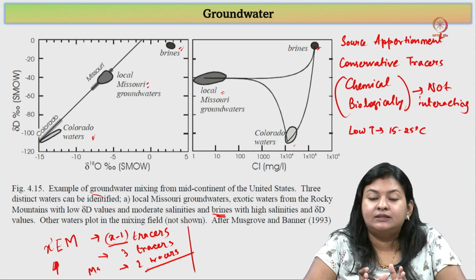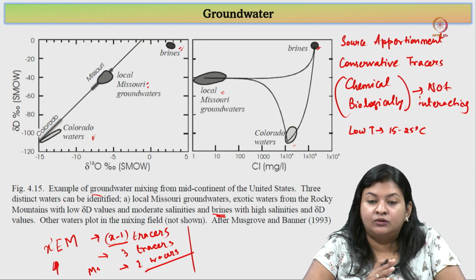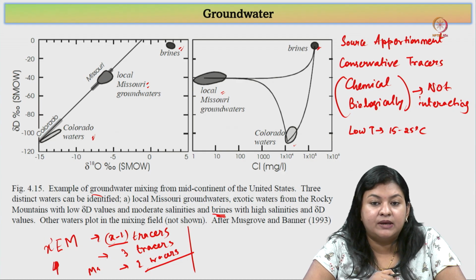We have at least two sources, that is the brines and the local Missouri groundwaters and the Colorado. So, there are 3 sources and we have 2 tracers, right.